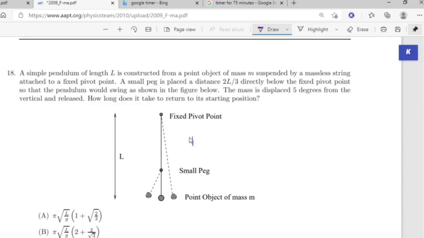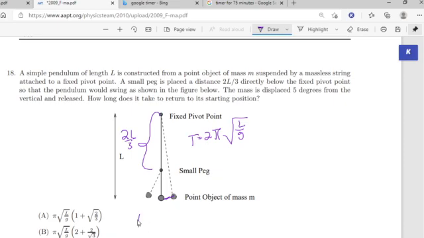Okay, so we know that the total period is 2 pi times root L over g. Yeah, and then, okay, so the problem specified that this distance here is 2L over 3. But this is the period we want to find for only half of the distance traveled.